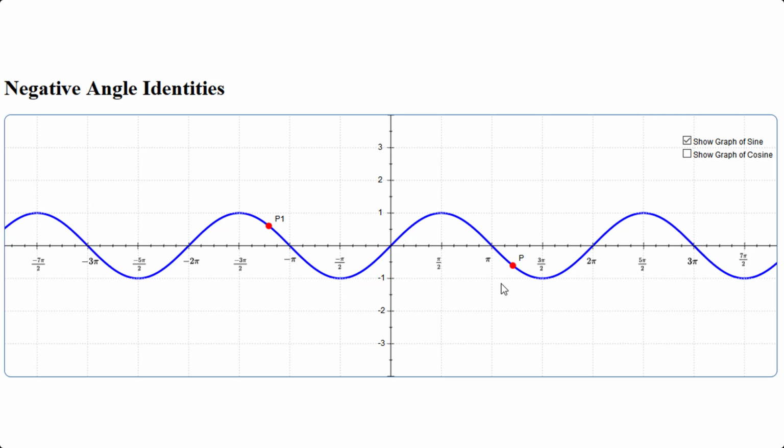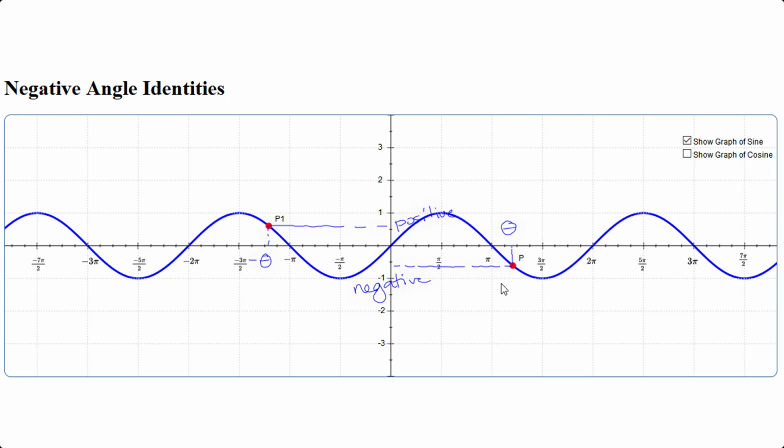So now notice P here for this angle measure theta is resulting in a negative number for the answer. Now, the opposite angle measure, so this is negative theta, it's now resulting in a positive answer.